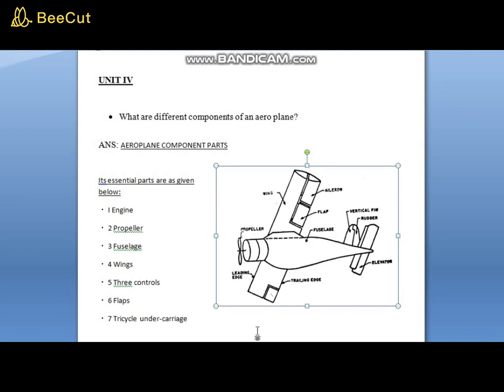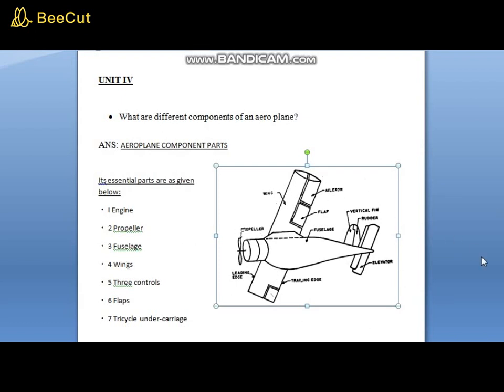In this diagram the parts are explained. This is the propeller, leading edge, trailing edge, fuselage, wings, aileron, flap, elevator, rudder, vertical fin. These are the component parts of an aeroplane.